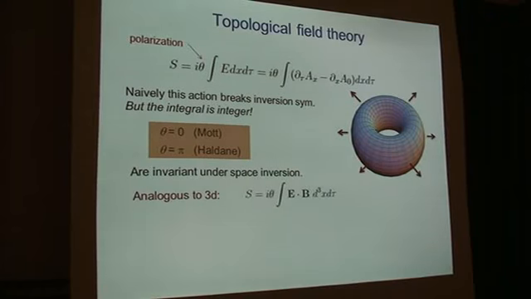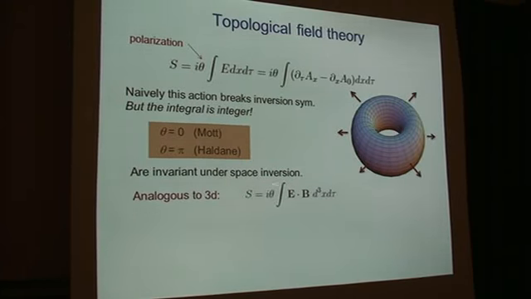And as I said, this is completely analogous to the 3D topological insulator, which has the E dot B action. So, of course, in 3 dimensions, you can write a more elaborate, more complicated term like this. And again, naively, it breaks inversion symmetry and it breaks time reversal symmetry.